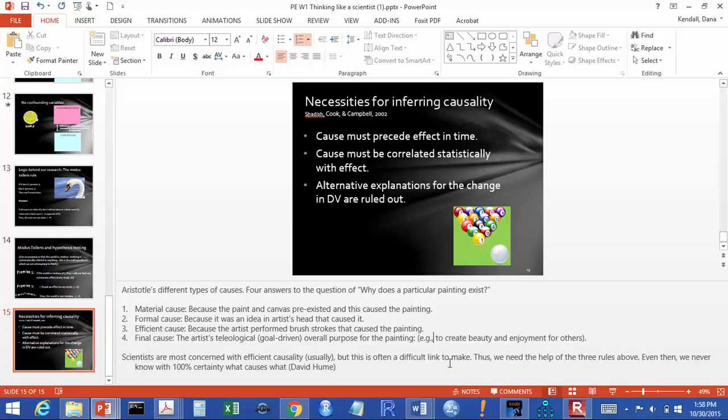All right, so causality is something that is much more difficult than I think we like to think it is. It's not clear at all, and it's something that we never know for sure. So even the things that we're 100% sure of what causes what, there's so much internal.